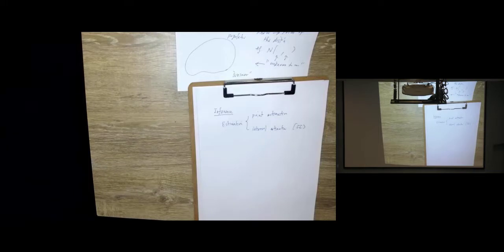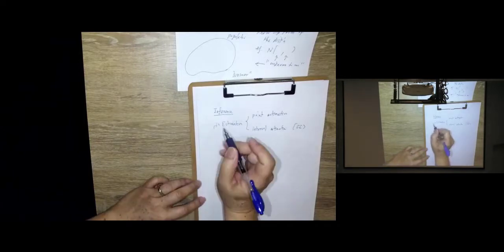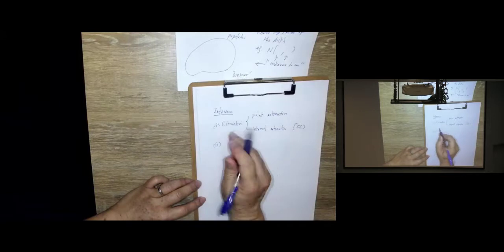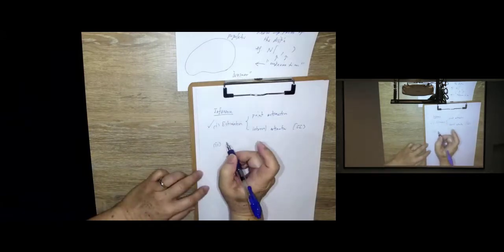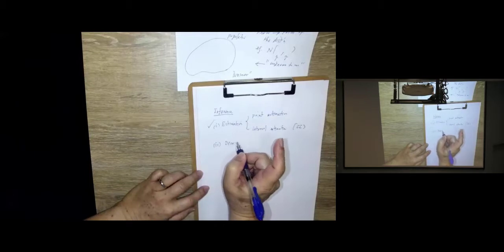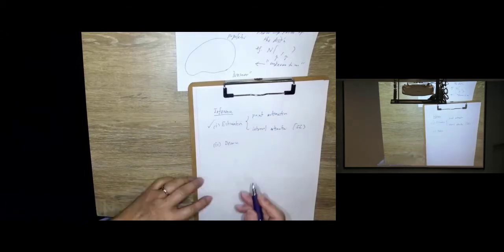You might not mind overestimating, but you really don't want to underestimate certain things. Then you might be interested in a one-sided confidence interval, all right, and so on. And then another type of statistical inference, which I think will be covered in chapter 6, is decision making. Of course, there are many types of decision making.